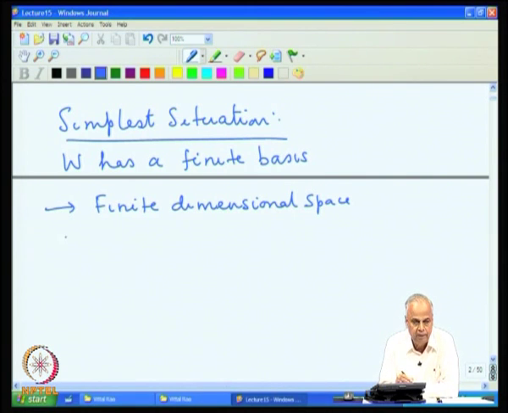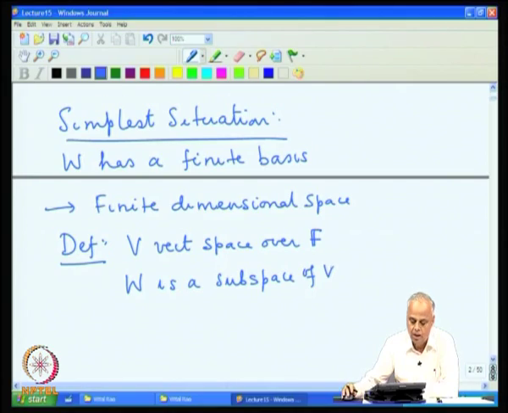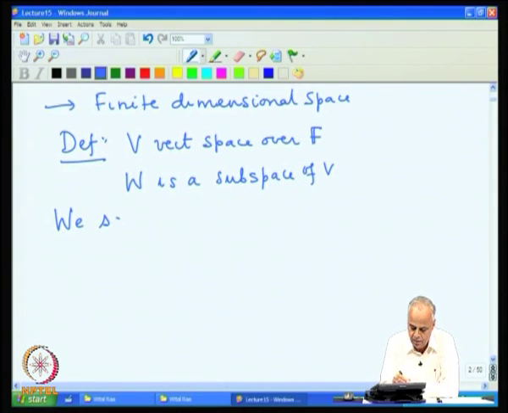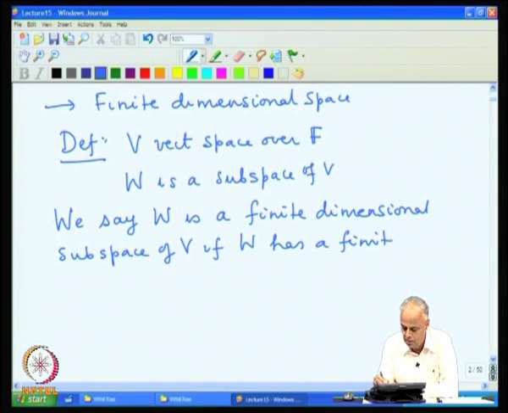Let us recall the definition. Suppose V is a vector space over a field F and W is a subspace of V. Then we say W is a finite dimensional subspace of V if W has a finite basis.